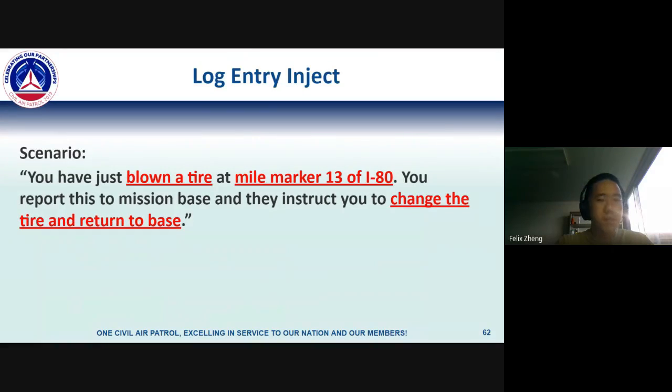And part of the logging task is that, hey, you need to be able to remember what is being thrown at you and log it down. Because after you make that radio call and mission base responds, or after mission base gives you an instruction and you confirm it with them, sometimes you just have to remember what they said.